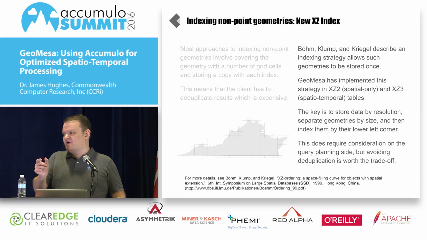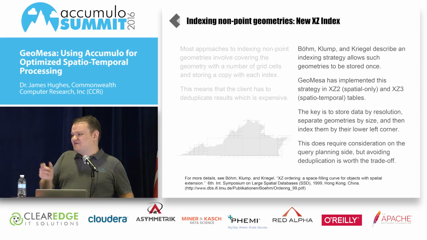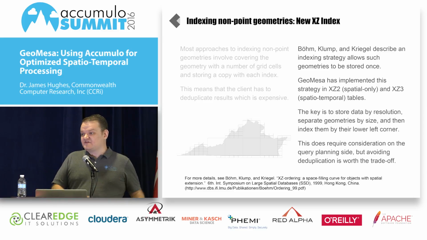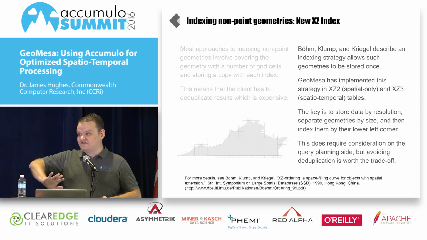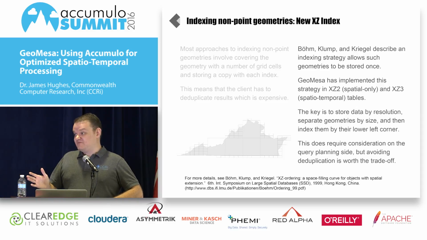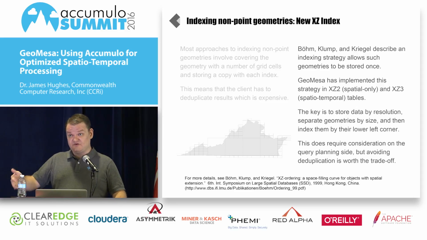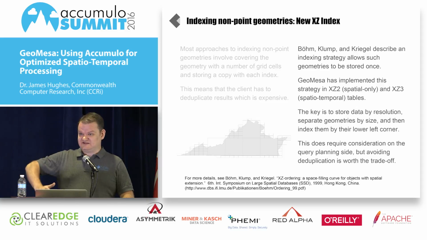If we move one of those boxes, even if it's really small, it might cross one of our grid boundaries, and we'd have to make some choices. The easiest approach is to just say, I'm going to cover my non-point geometry with the grid cells. That runs into some problems, the first of which being that you need to store the data multiple times, so you have to deduplicate it.